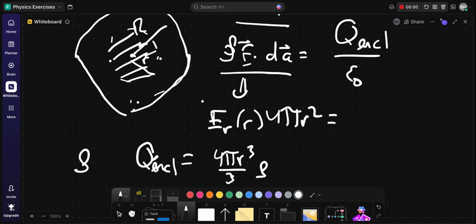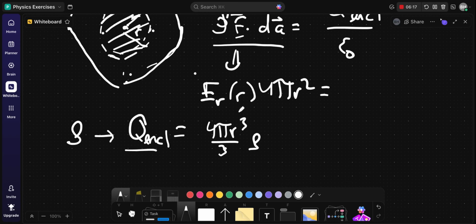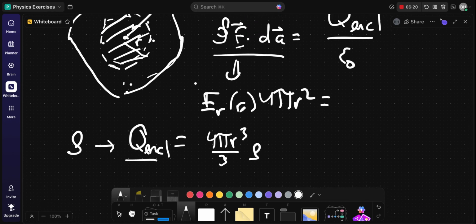That's the enclosed charge within this Gaussian surface, which is a sphere concentric with the large sphere with a radius that's smaller than the radius of the object.